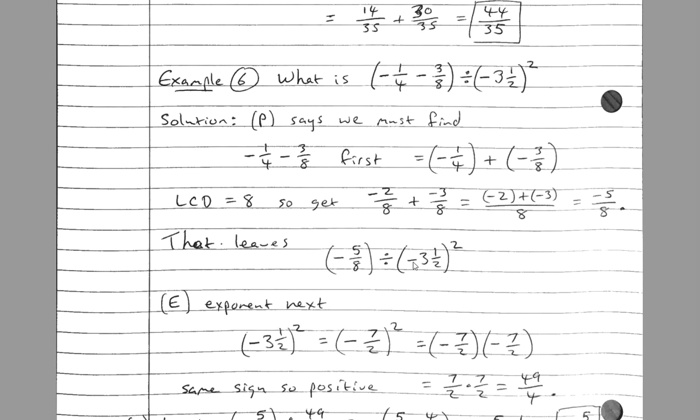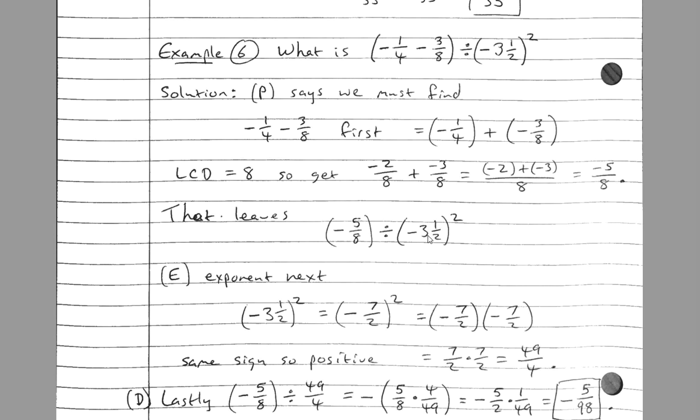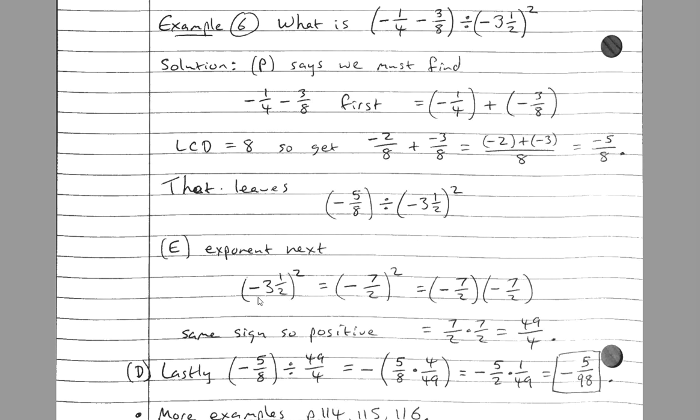Okay, so we need this mixed number squared. Right away I know it's a negative number to an even power. The whole thing will be positive. So we can ignore the signs, but this mixed number, it's 3 times 2 plus 1, that's 7/2.